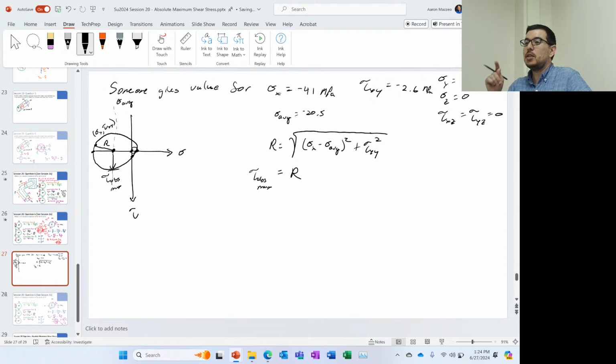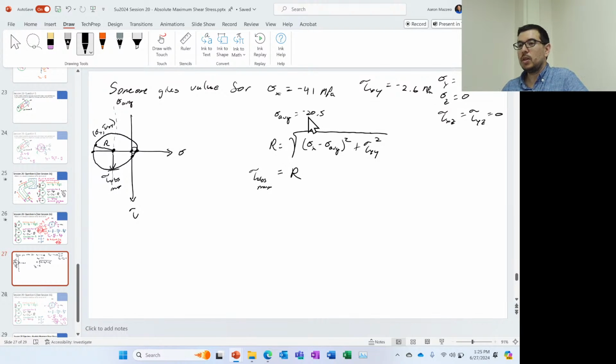It's because sigma z is equal to 0, and tau yz is equal to 0, and tau xz is equal to 0. This is what we've been given, a state of plane stress. Remember we said that these are the only two calculations really that have to be done.